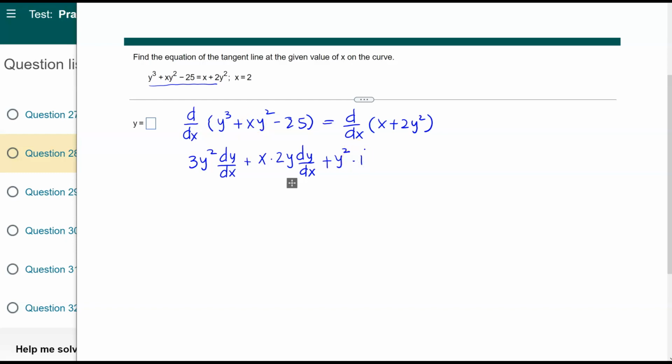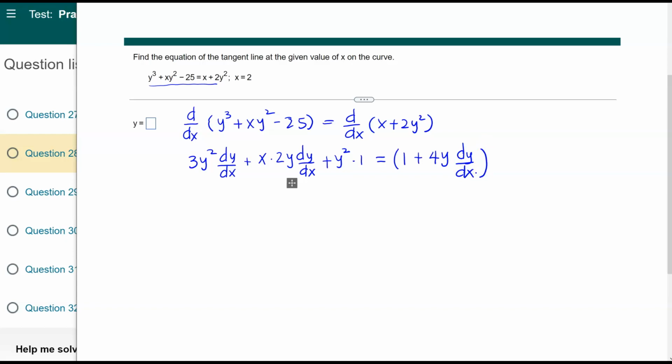I'll just write 1 so that you know that the derivative of x here is 1. Minus this, the derivative here with respect to x is just 0. Okay, so on this side, the derivative of x with respect to x is 1, plus the derivative of 2y squared will be 4y, and then you multiply dy dx.